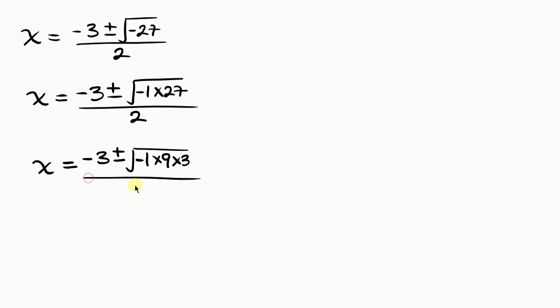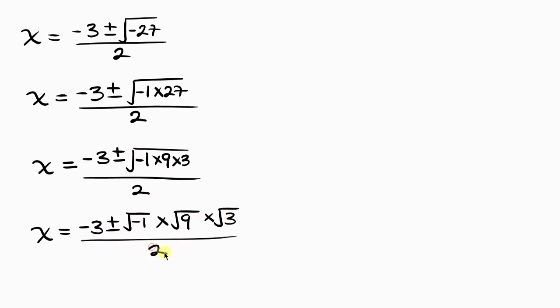So all over 2. So x now becomes negative 3 plus or minus. Now we're going to be separating each of these terms inside of the radical by using the square root of negative 1 times the square root of 9 times the square root of 3. So this expression can also be written like this, all over 2.